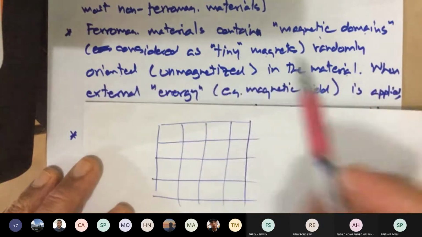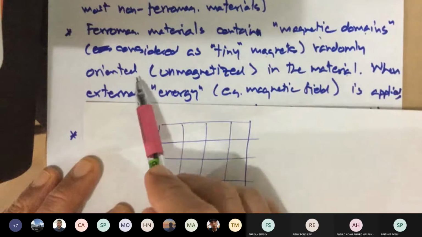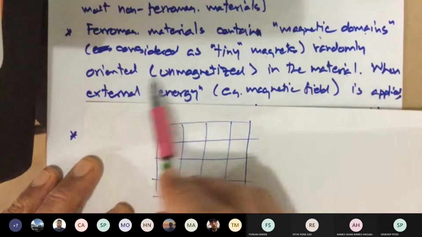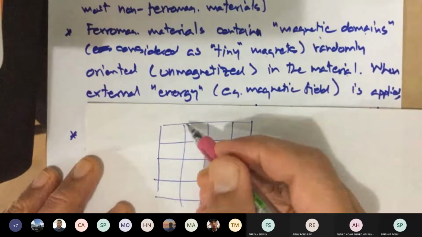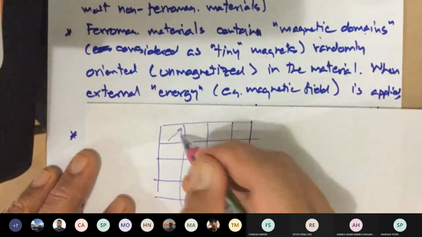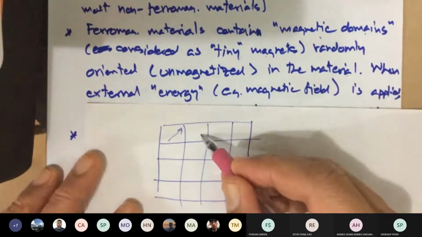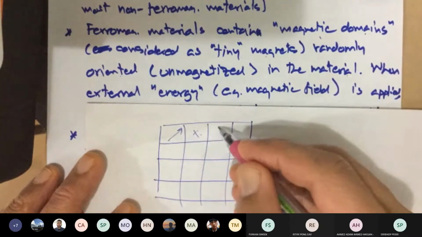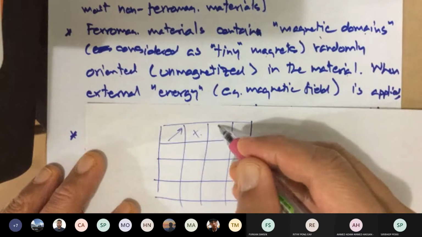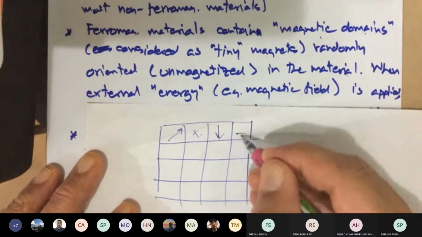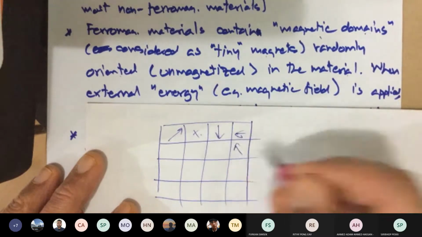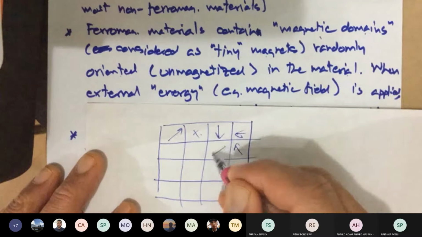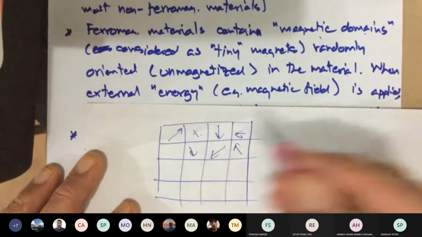Why is that? Because these domains are randomly oriented, meaning that at one moment my magnetic field might go that way. This atom might contain nothing. This atom might contain a magnetic field that goes downward, randomly.